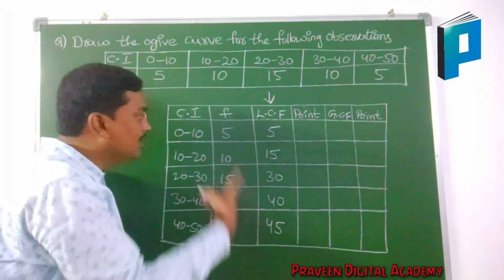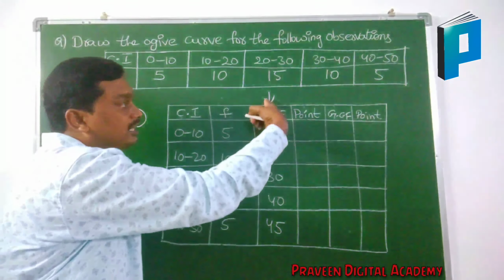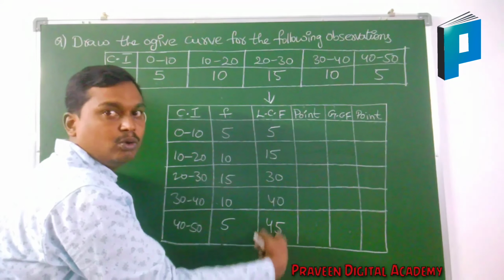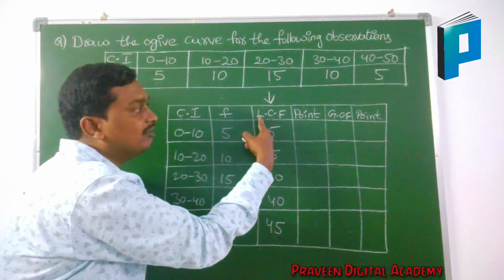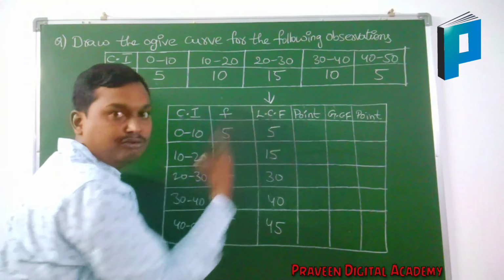We added the frequency from top to bottom, so we call it LCF, the less than cumulative frequency.